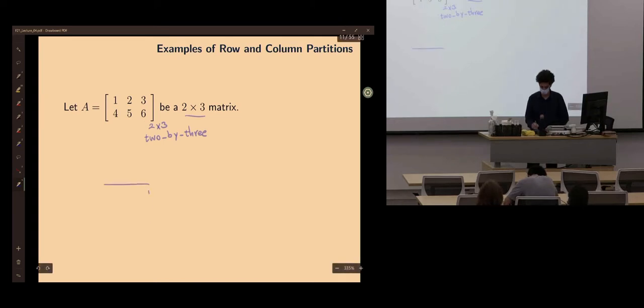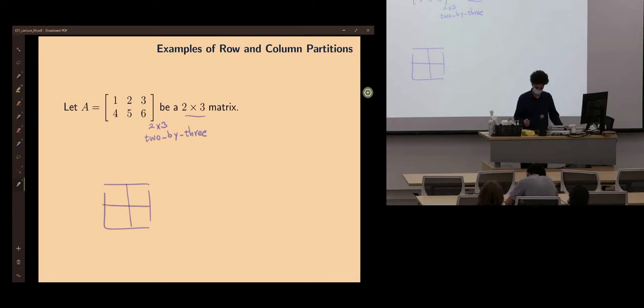If I have a square, I can partition it into 4 smaller squares, right? That's what I mean. Is this okay if I say this is one row and this is another row? Sounds like it makes sense to all of you. Can I do this?